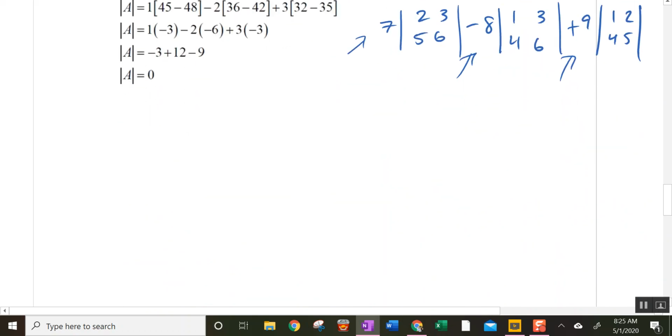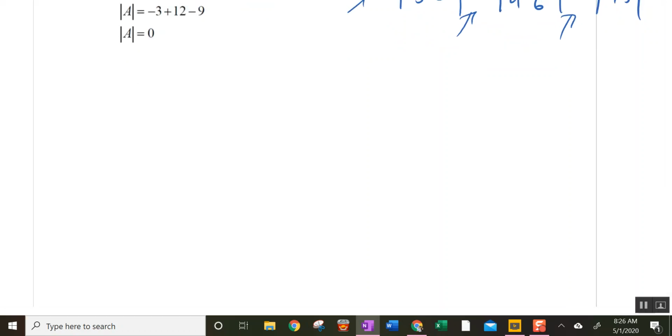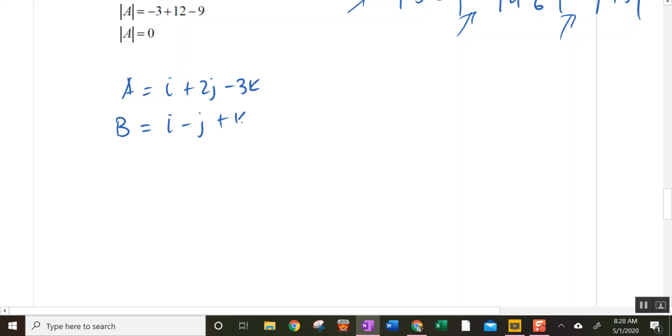So let's talk about how to find the cross product of two vectors. So let's just make up two vectors. I'll say vector A in ijk form would be i plus 2j minus 3k. In vector B, we'll say minus j plus k.